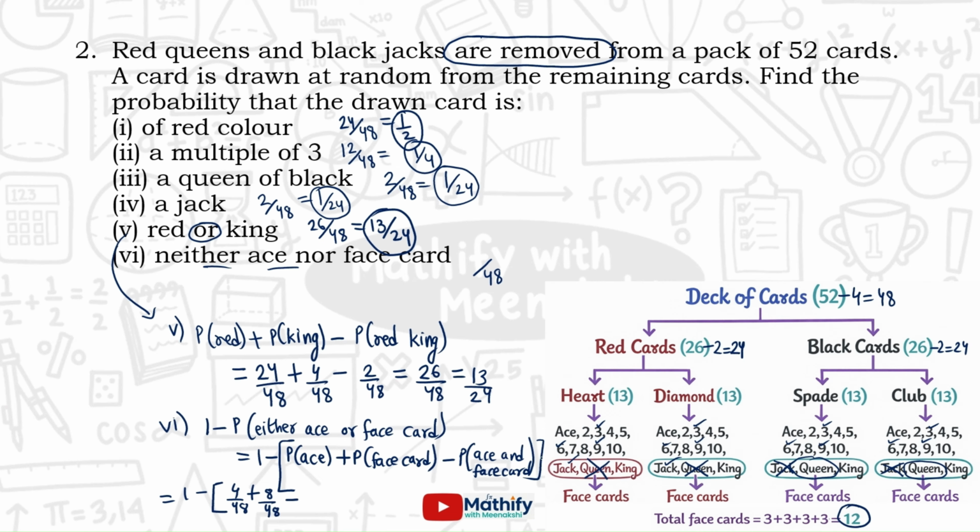Now we know it's not possible that the card is ace as well as face card because ace doesn't come under face card, so you will write 0. So you can write 1 minus 12 by 48. And what is 12 by 48? If you cut with the table of 12, it's 1 by 4. 1 minus 1 by 4, that is 3 by 4 is the answer. Here, its final answer is 3 by 4.